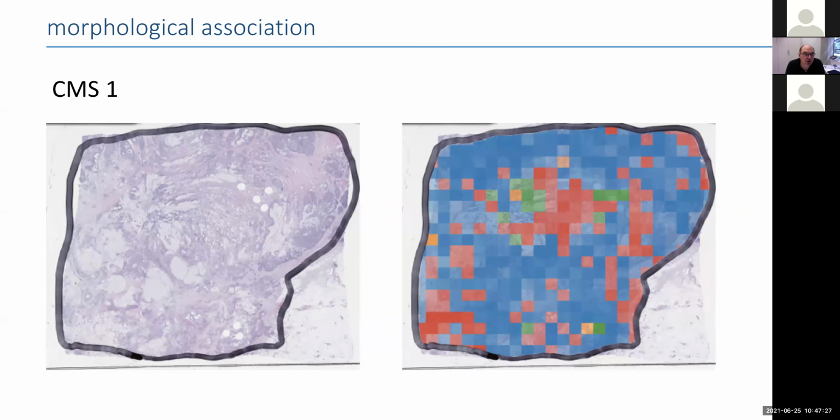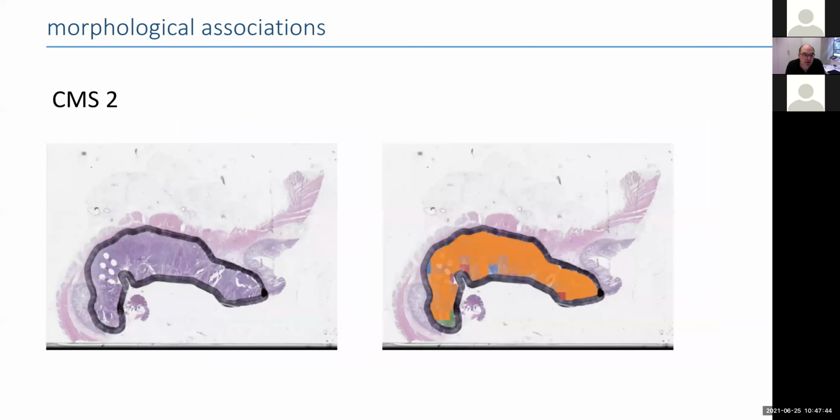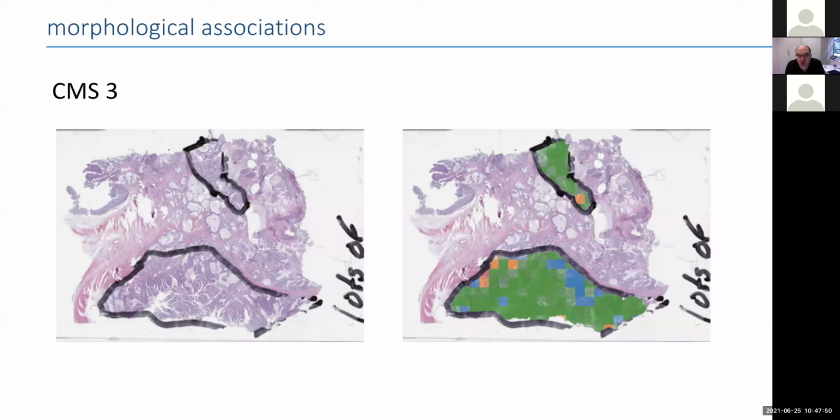Here you see a result where you see the morphological association between CMS1, and you actually see that in this case, we see some presence of CMS4. So this means that now our pathologist can actually look at some of the basic heterogeneity in the tissue. This is an example which is a lot more homogeneous. And here's another one, which is also CMS3, which is more homogeneous.